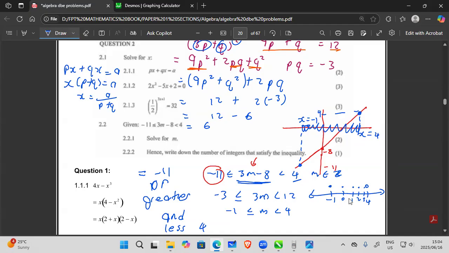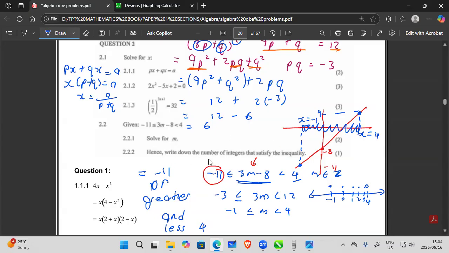We can only include these discrete values. We can't say in between, because they're saying that the value of m that you can input into this linear function has to be an integer. It cannot be a real number. If it was a real number, then you join it, you put a line. But if they don't state it, then we assume that they want us to put a real number.